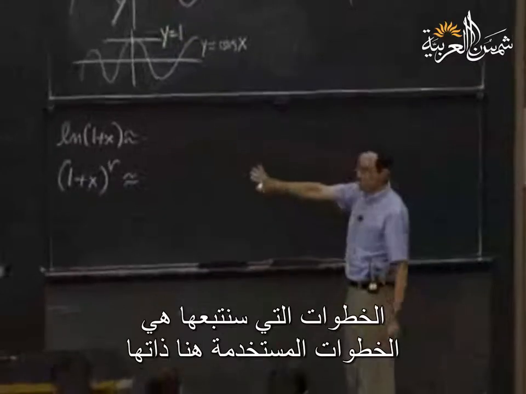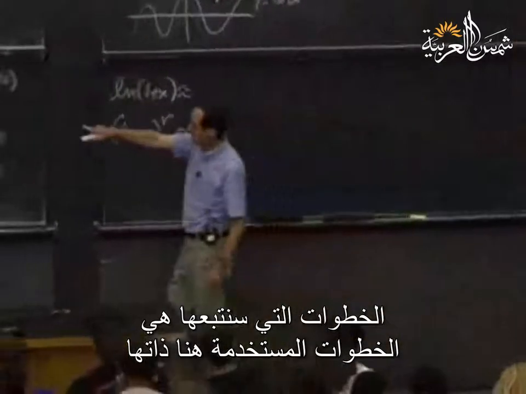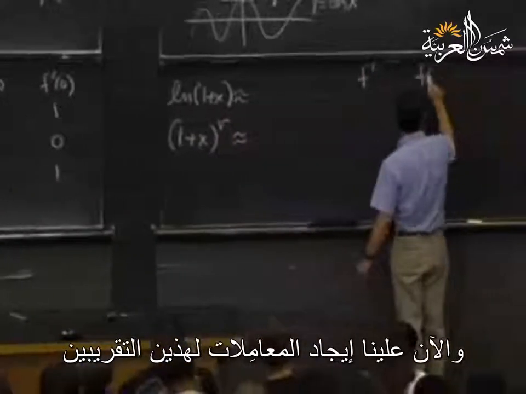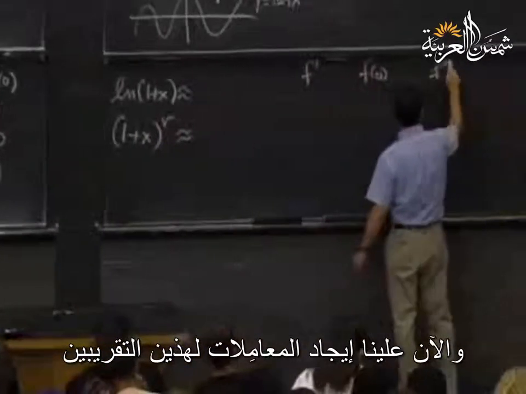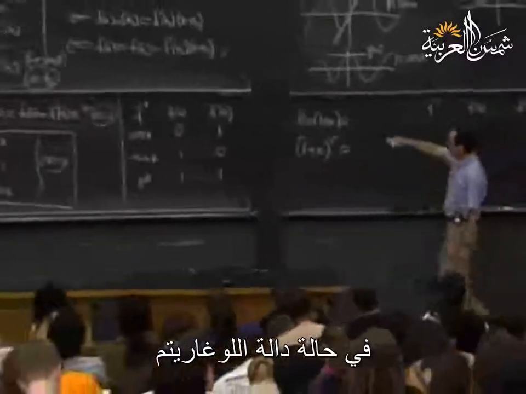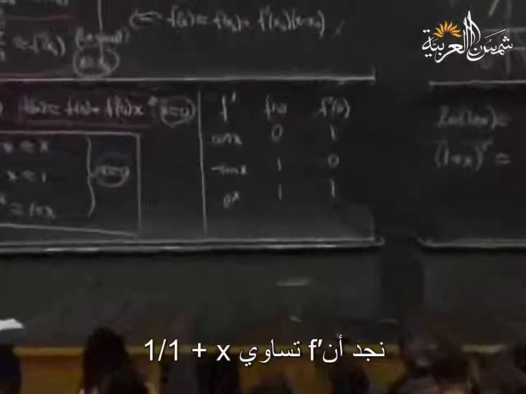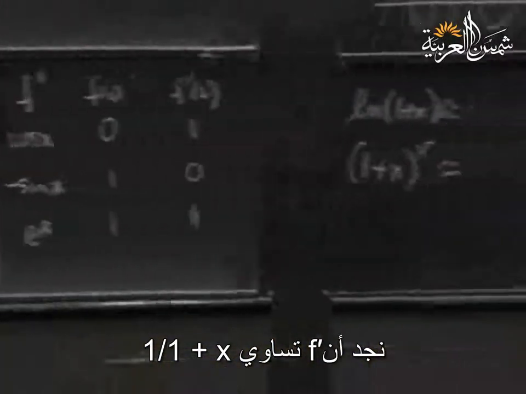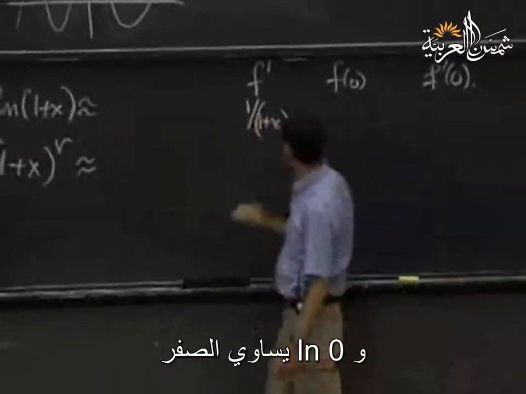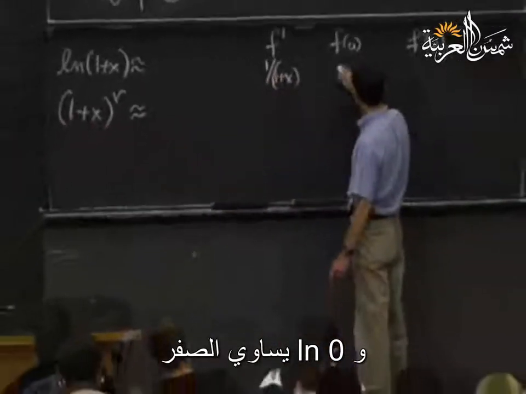Now, the procedure is the same as over here. Namely, I have to write down f prime, and I have to write down f of 0, and f prime of 0, and then I'll have the coefficients to be able to fill in what the approximation is. So f prime is 1 over 1 plus x in the case of the logarithm, and f of 0, if I plug in, is log of 1, which is 0.